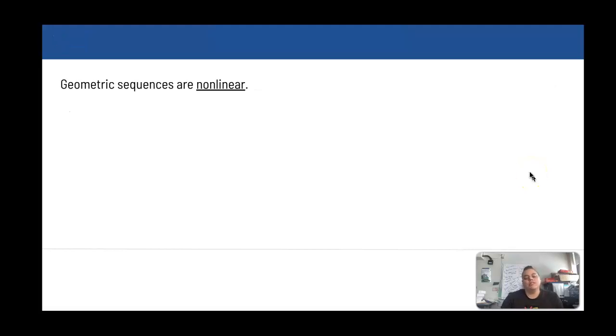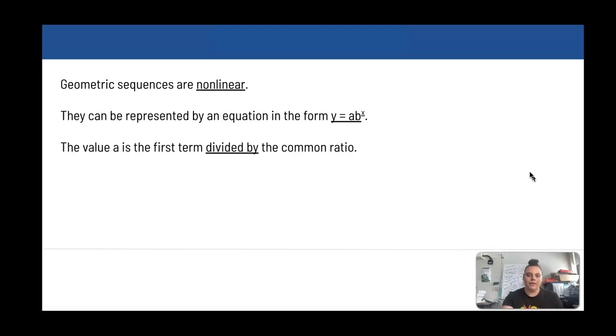So geometric sequences are non-linear. They can be represented by an equation though, and this equation is going to take the form of y equals a times b to the power of x. So we have x in our exponent.